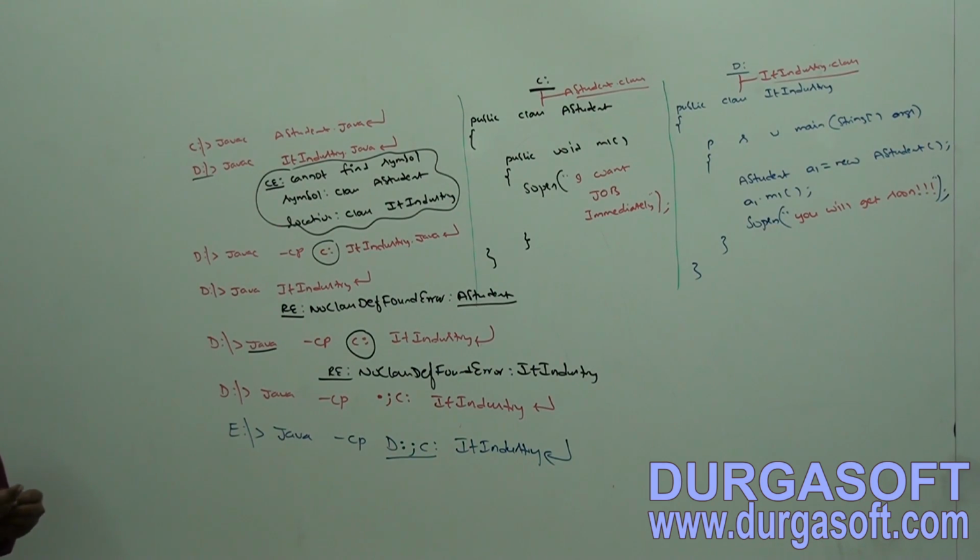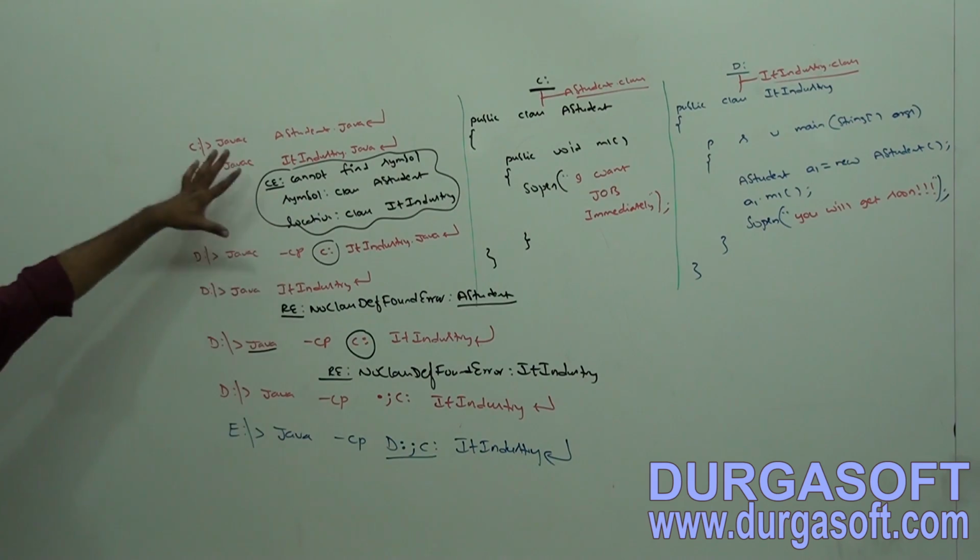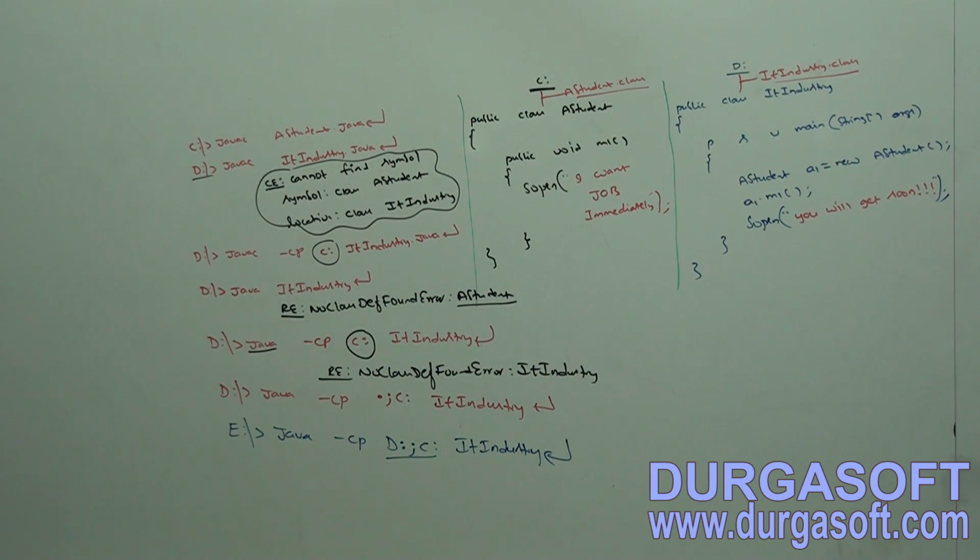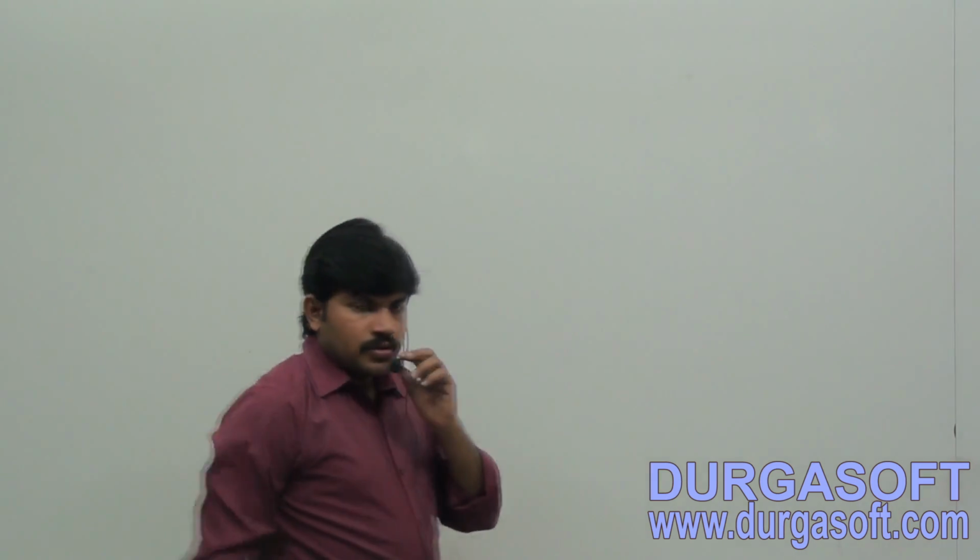Completed, right? javac AStudent.java, first take those, and then you can take this part. Another example of how to set a class path.